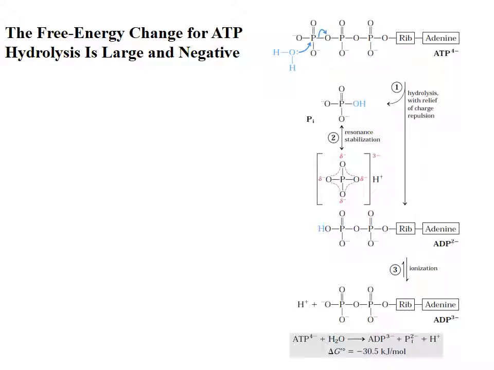The ATP has a delta G of, if you remember, minus 30.5 kilojoules per mole.